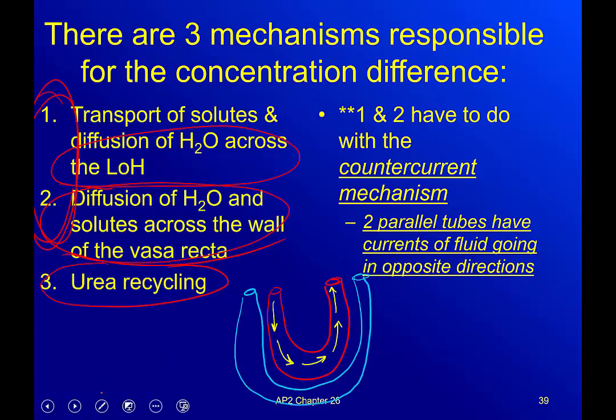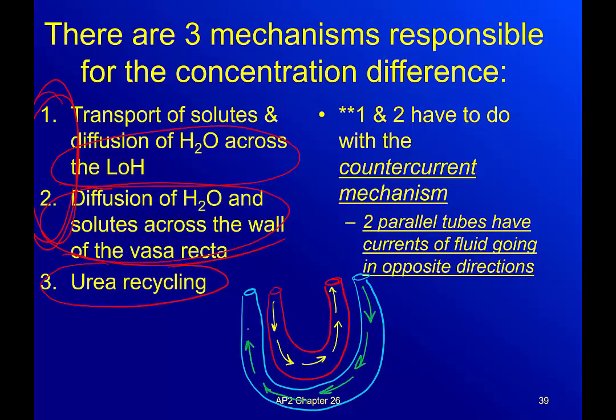In this case, the fluid inside of that is going in this direction. Do you see how the two directions of fluid movement are opposite? One's coming this way, one's coming this way.